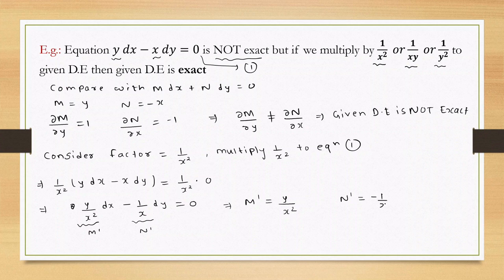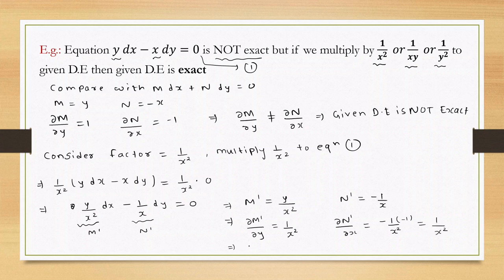Now, let us take the partial derivative of M' with respect to y. So ∂M'/∂y: the derivative of y is 1, so it is 1/x². And ∂N'/∂x is minus 1/x² into minus 1, so it is 1/x².